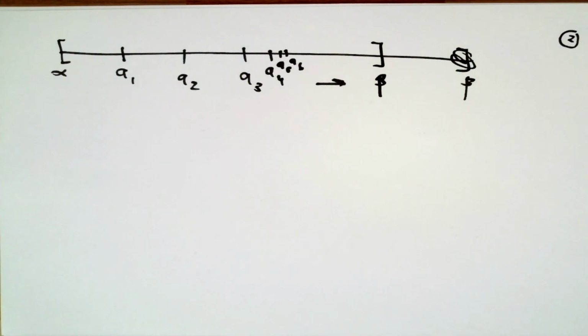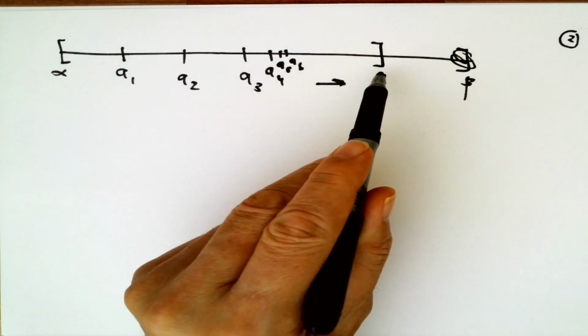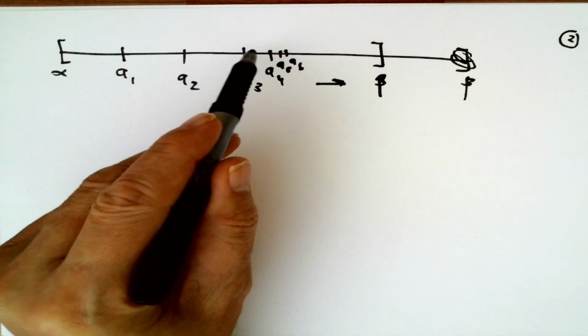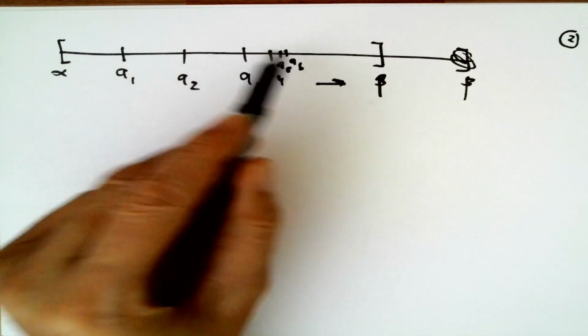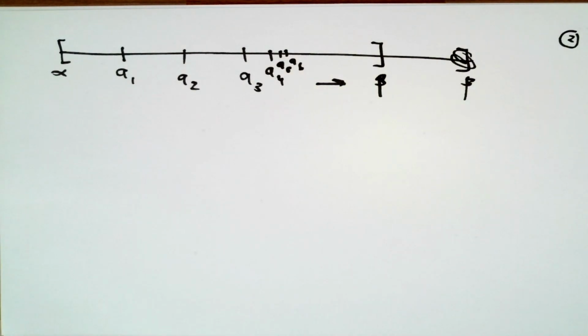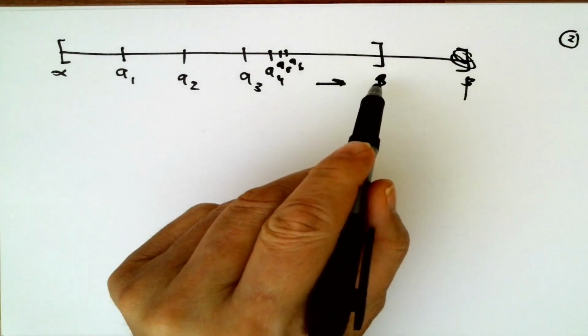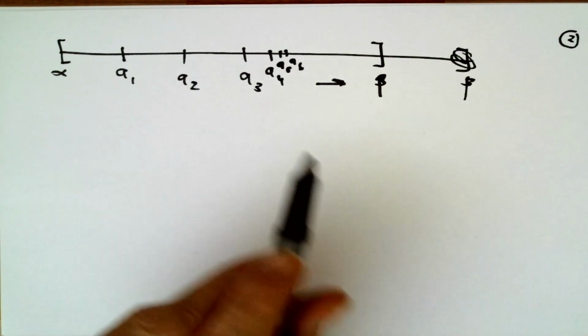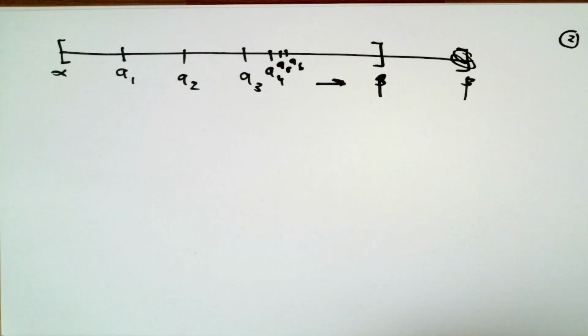It's conceivable that I could make it smaller than that, but I cannot continue moving the right end of my interval to the left forever because I'll eventually encounter some of the A numbers. A reasonable thought is that out of all possible right-hand ends of an interval that contain the sequence, there must be a smallest one.